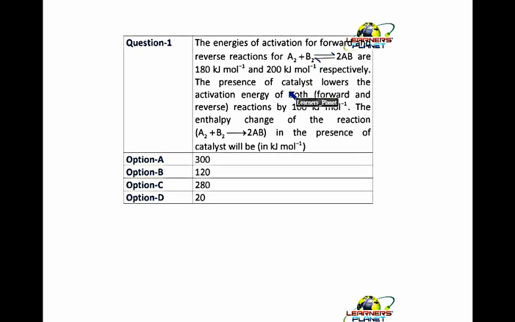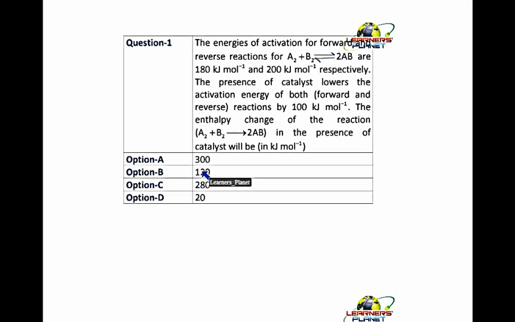The presence of catalyst lowers the activation energy of both forward and reverse reactions by 100 kilojoule per mole. The enthalpy change of the reaction in the presence of catalyst will be. So, what is it? You have to find out the enthalpy change for this reaction, right?